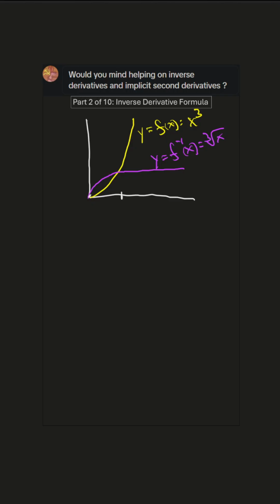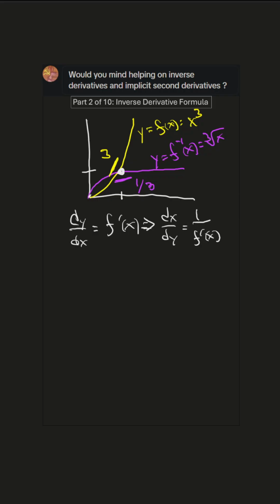If we pick the point (1, 1) and look at both of their slopes, we'll see this slope here is 3, and this slope here is 1 over 3. They're reciprocals. And that brought us to the idea that dy/dx equals f prime of x implies dx/dy equals 1 over f prime of x.